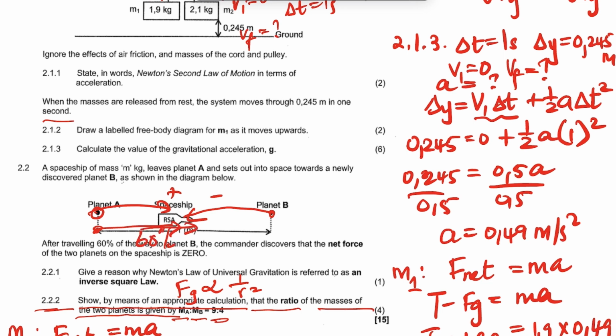So if it's 60% here, that means here it's 40% to B.